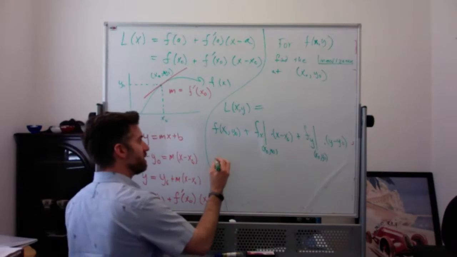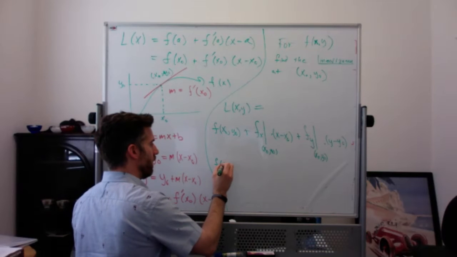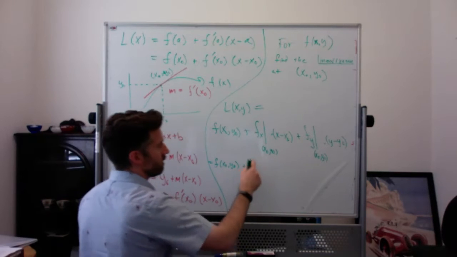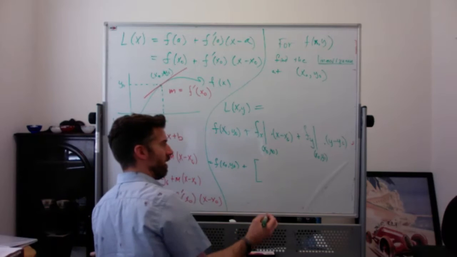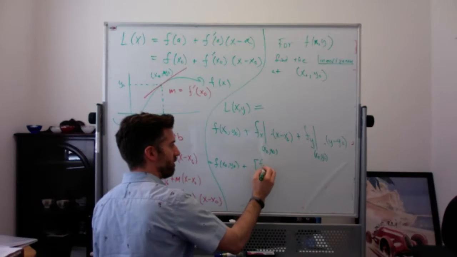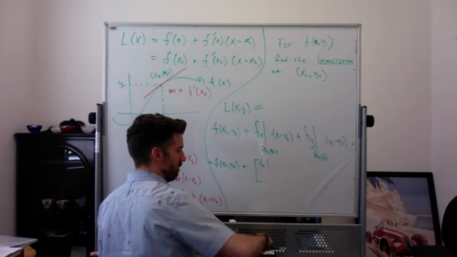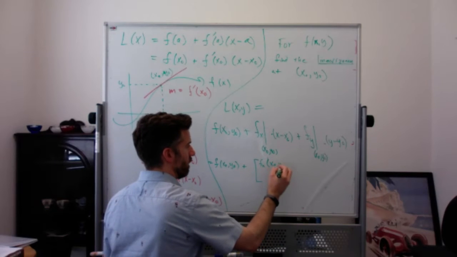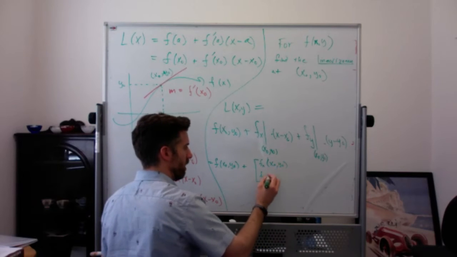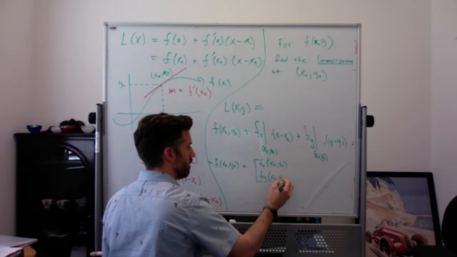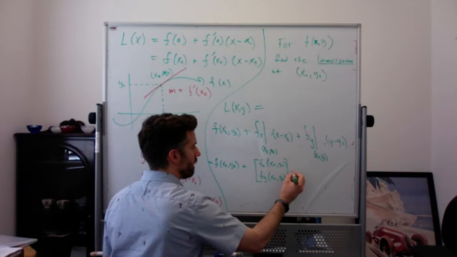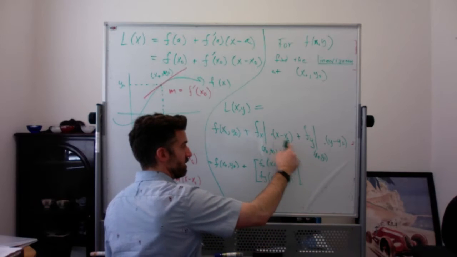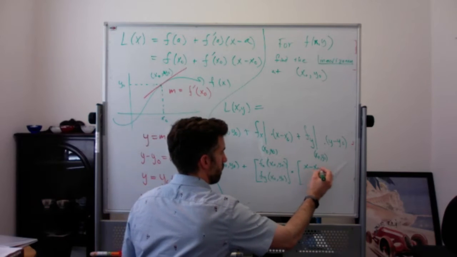So you can write this as f of x naught, y naught plus this vector, the partial with respect to x evaluated at x naught, y naught, the partial with respect to y evaluated at x naught, y naught, dotted with the vector x minus x naught, y minus y naught.